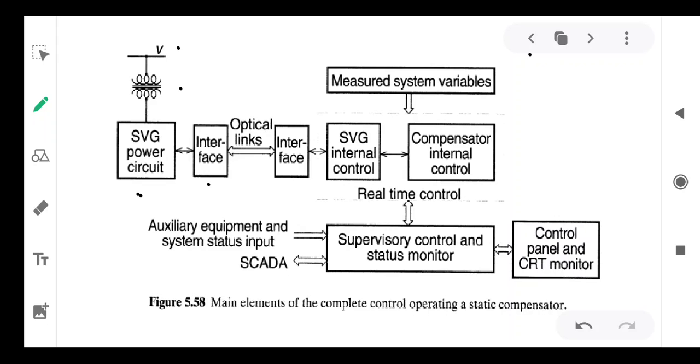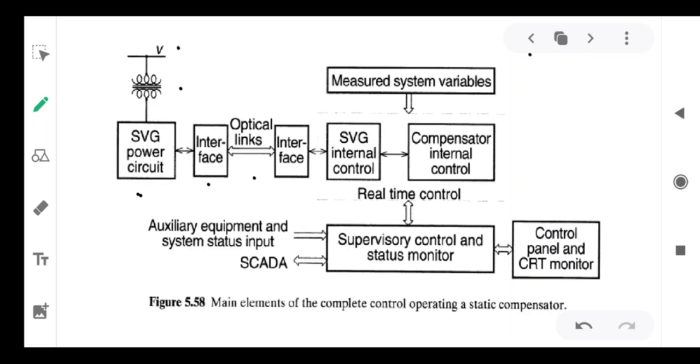So this is the interface between the internal control circuit and the power circuit of the SVG. With the help of optical links, there is an interface between the SVG internal control as well as the SVG power circuit.